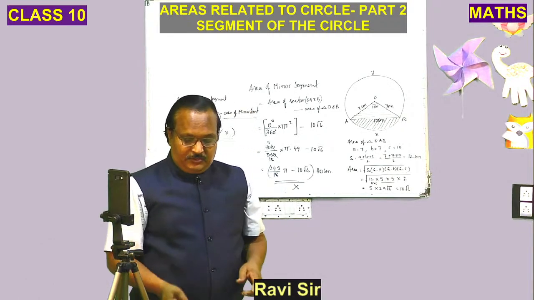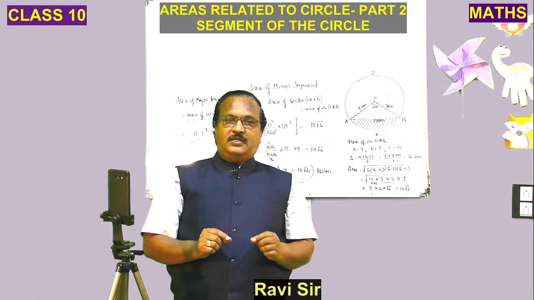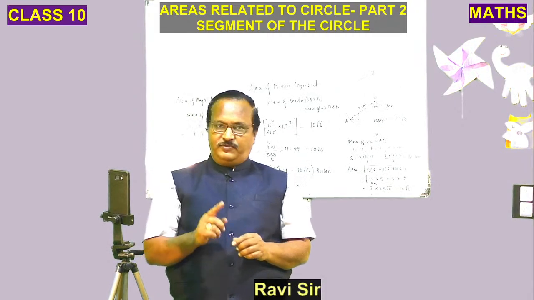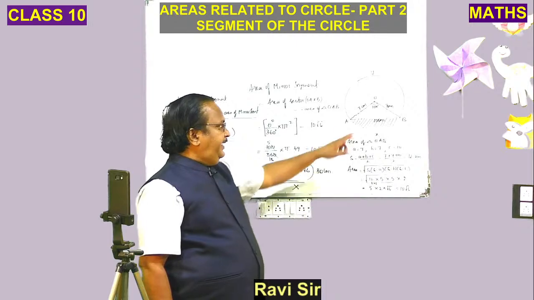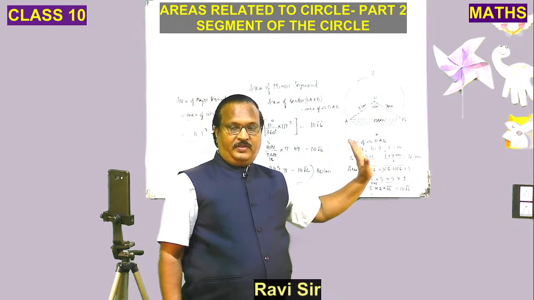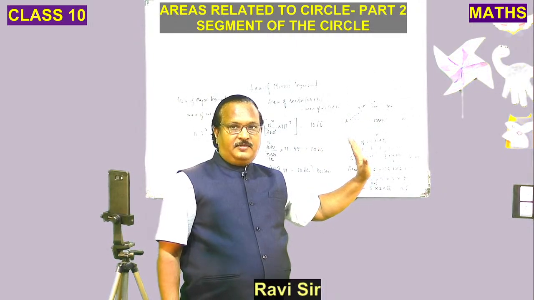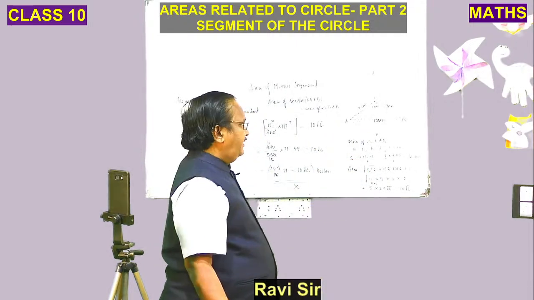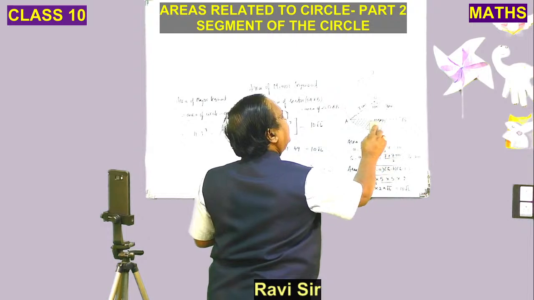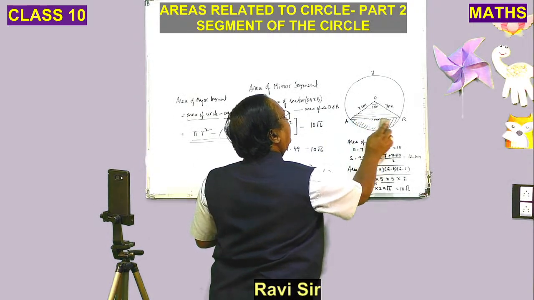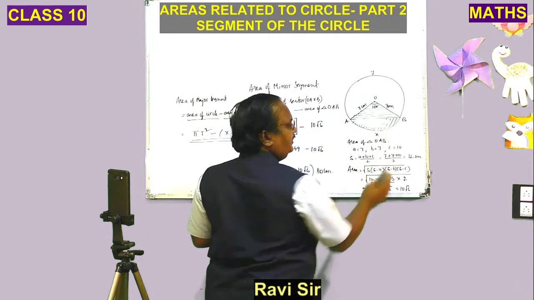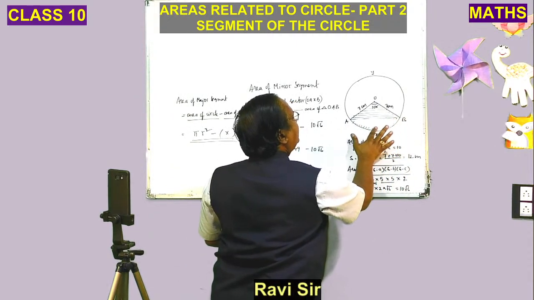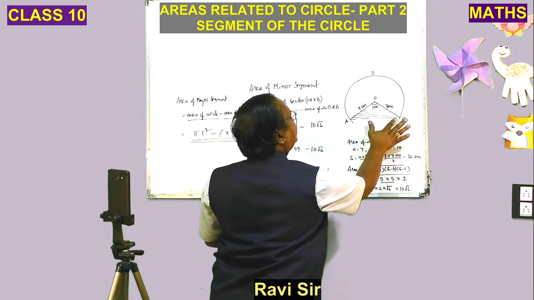Okay. So, to find the area of the segment, 100% you have to find the area of the sector. Suppose in the examination he directly asks us to find the area of the major segment. Let us say I will rub it. He will ask us to find the area of a major segment.